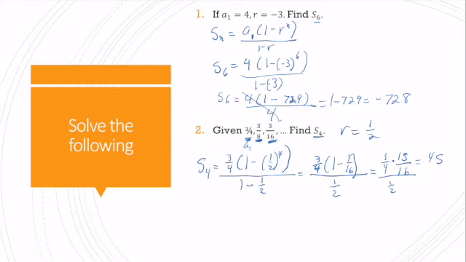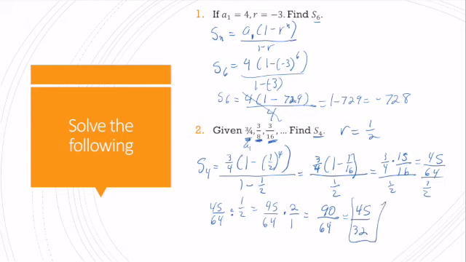That gives me 45/64 divided by 1/2. 45 over 64 divided by 1/2 is the same as 45 over 64 times 2 over 1. That gives me 90 over 64, which we could simplify to 45/32. So this is the sum of the first 4 terms of this sequence.